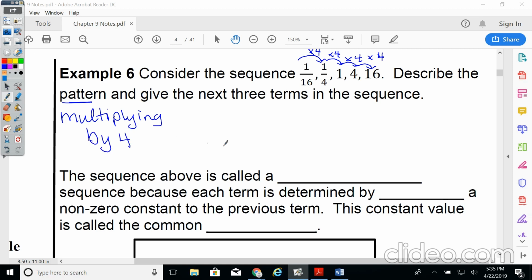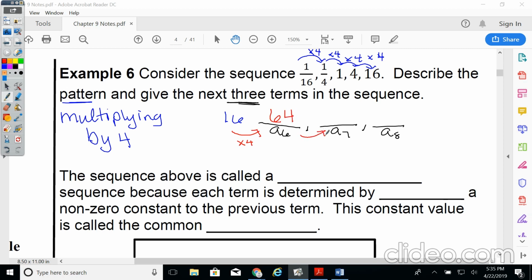Again, recursively, if I want the next 3 terms, this is a1, 2, 3, 4, 5, so it wants a6, a7, and a8. To get a6, you take the last one over here, which was 16, and multiply by 4. 16 times 4 is 64.